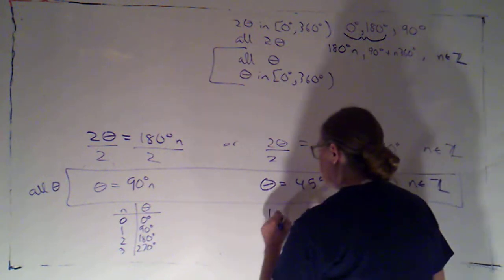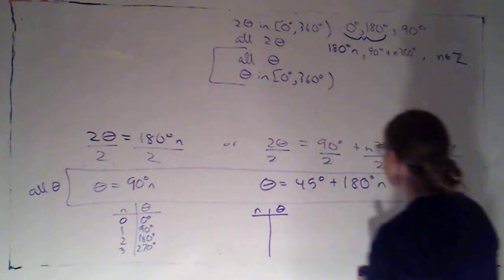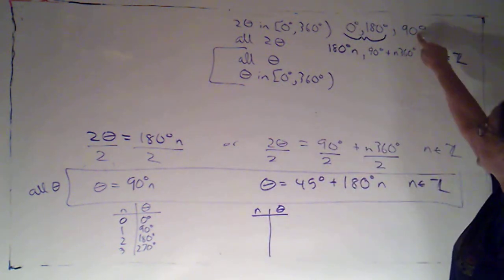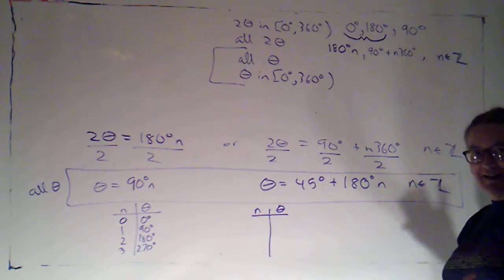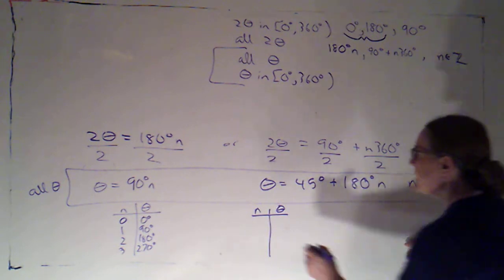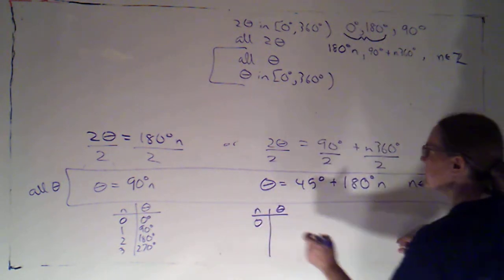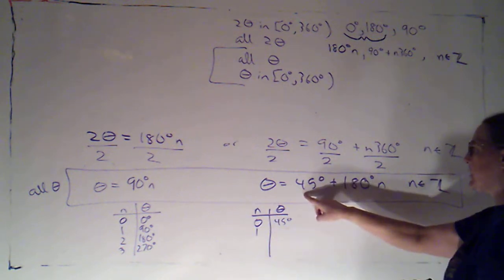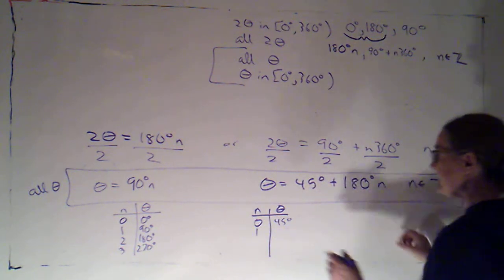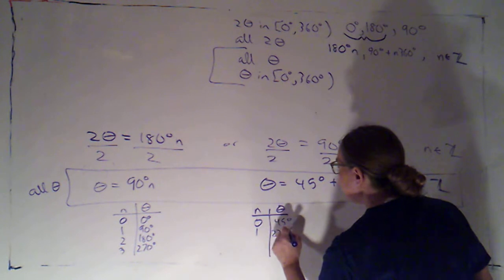And over here, let's just list our n's and our thetas. Here, this corresponded to just this one solution. I'm expecting it to lead to twice as many, so to 2 solutions now. So if n is 0, I would get 45 degrees. If n is 1, I'm going to get 45 plus 180. That's going to be 225.